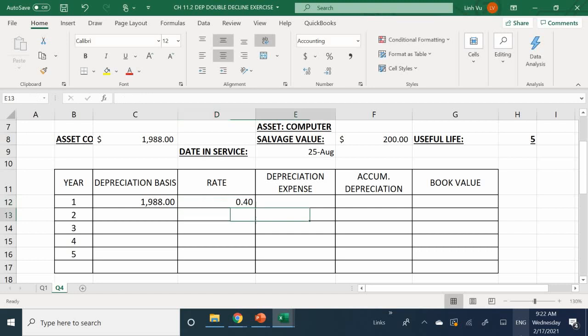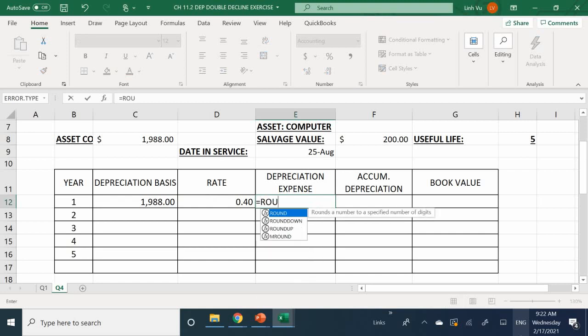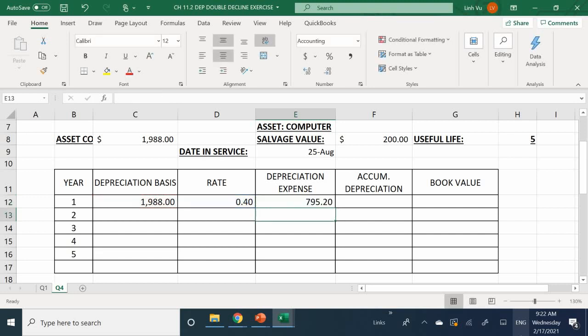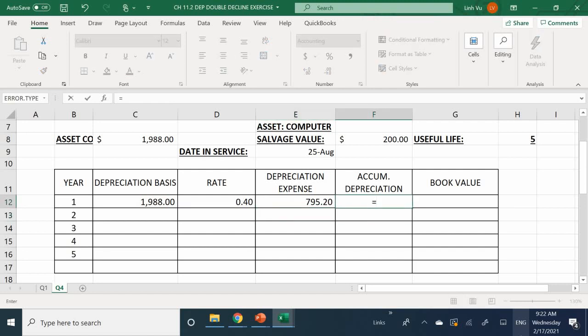It's 40%. Now, because I'm using 1988, I'm going to safely assume that I have to use an equal round formula. So what is going to be 40% of 1988? 795.20. Good.